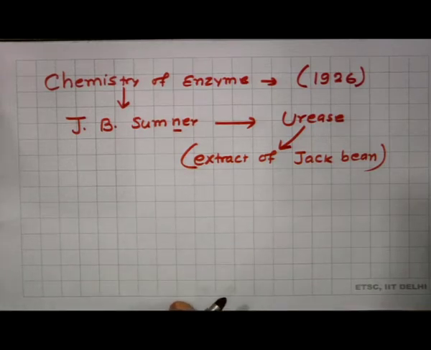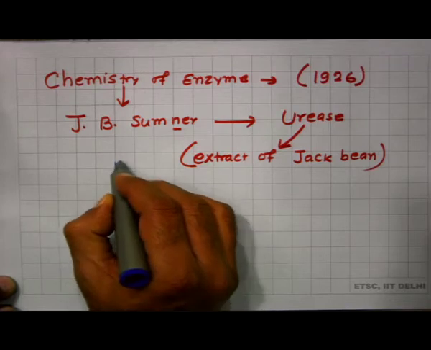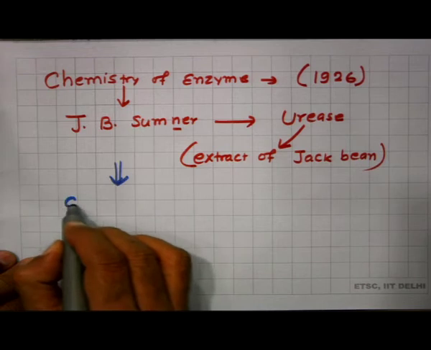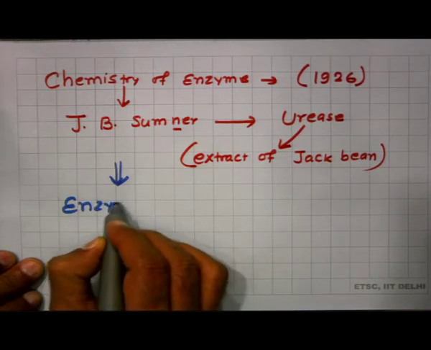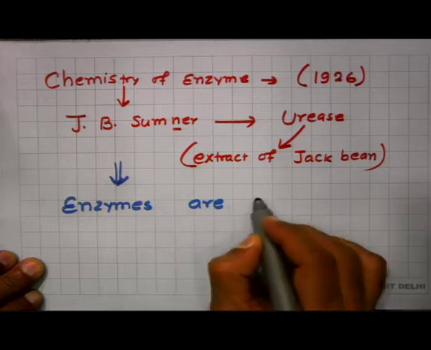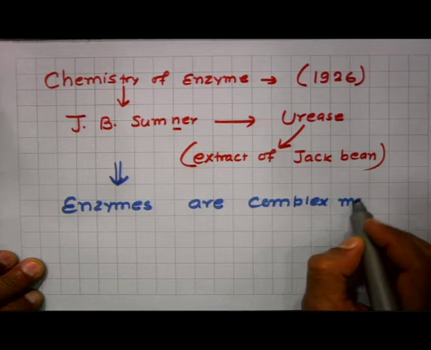Mainly, enzymes are very large molecules which are made of protein. After Sumner, it was established that enzymes are very complex molecules.